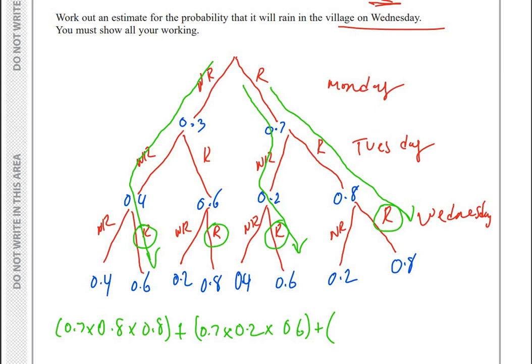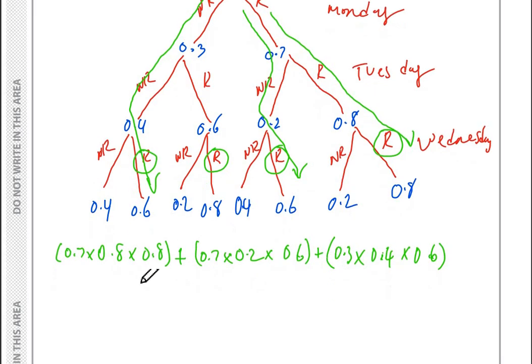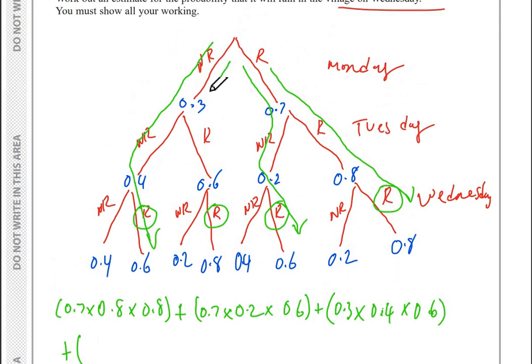So that's 0.3 times 0.4 times 0.6, or it could not rain on Monday, rain on Tuesday, and also rain on Wednesday.